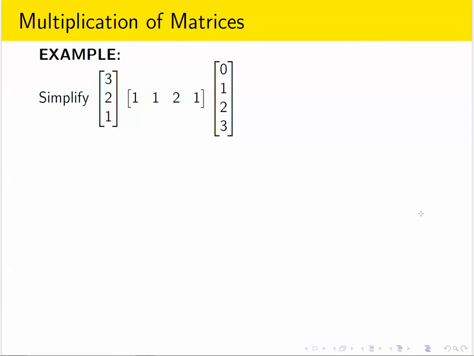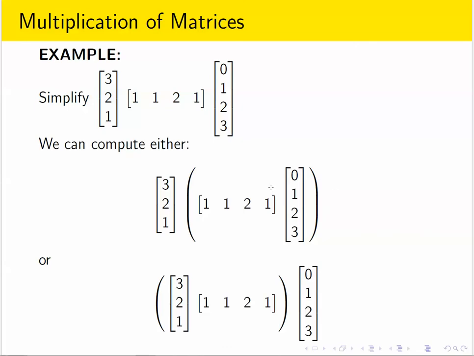That's actually a very useful property because sometimes it lets you take a simpler route to getting an answer in a calculation. For example, let's say I have these three matrices to multiply together. I have two choices. I can either take the two matrices on the right and multiply those together first, or the two on the left and multiply those together first.